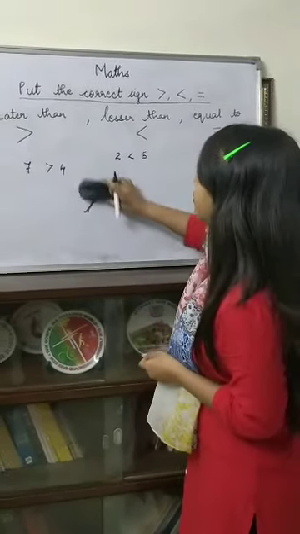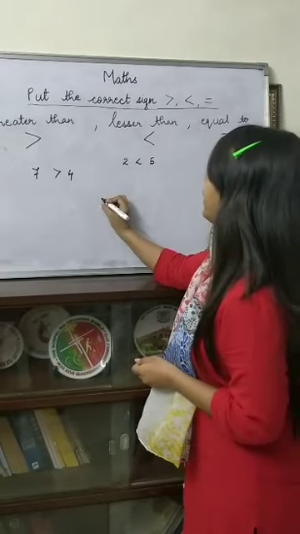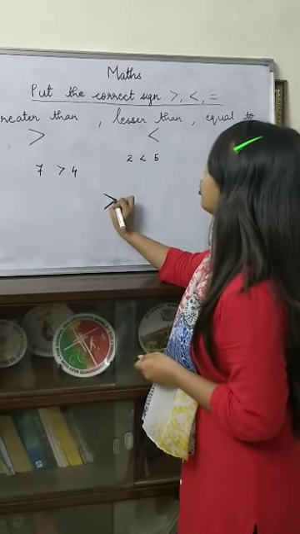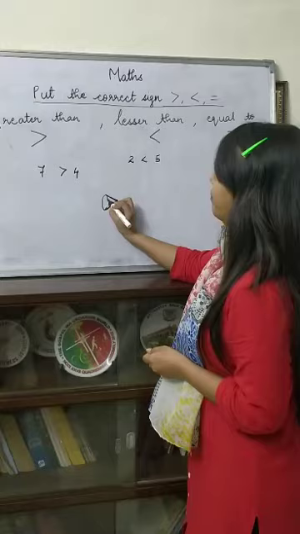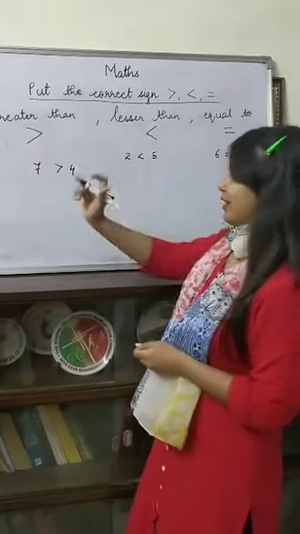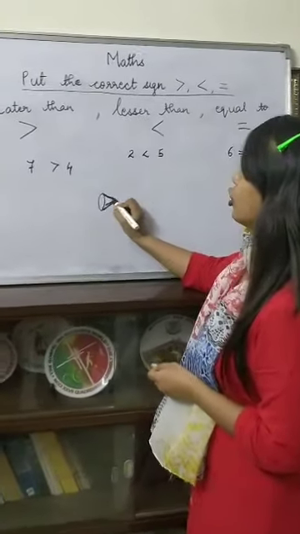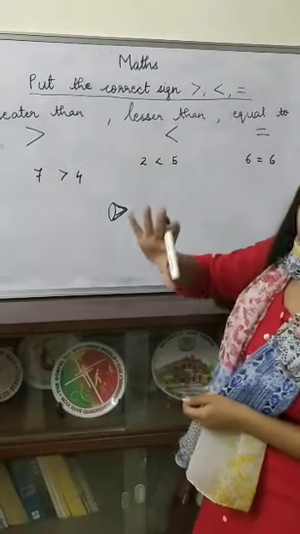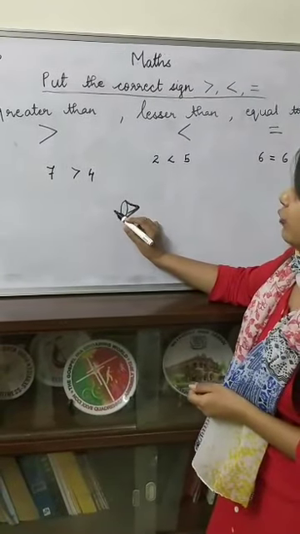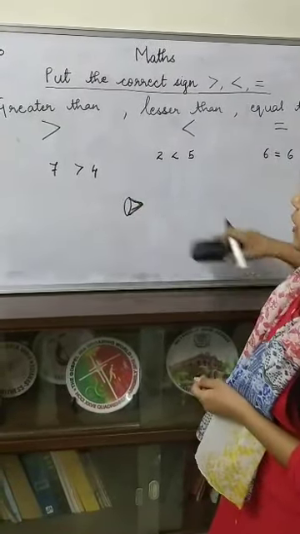So always remember that the opening is like a mouth. We open our mouth. Similarly, the sign is also opening its mouth, and that side of the number shows the greater number.